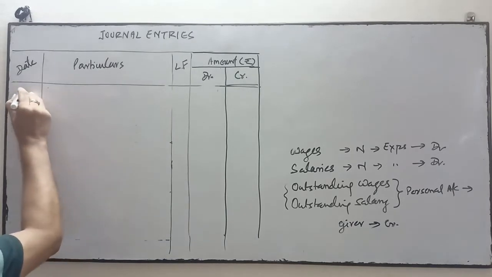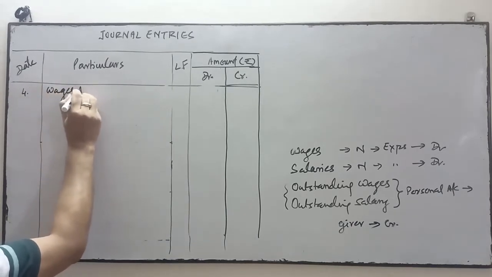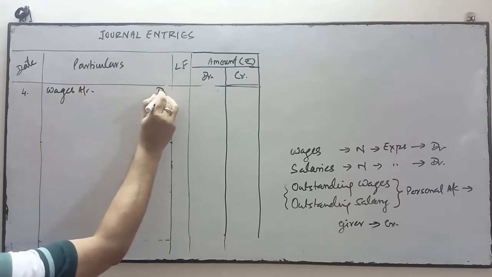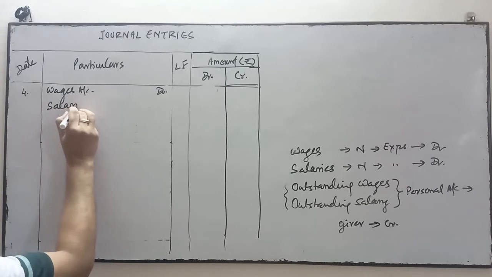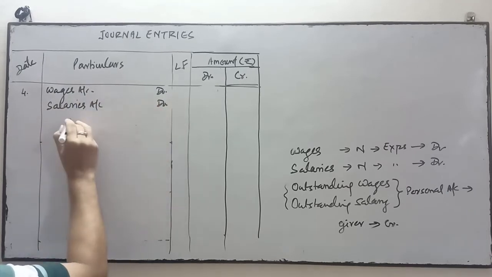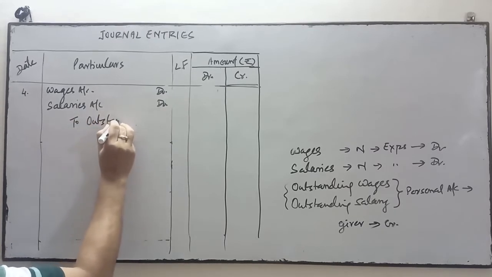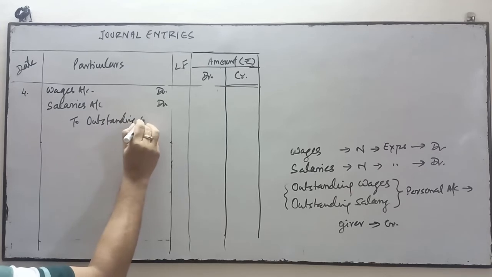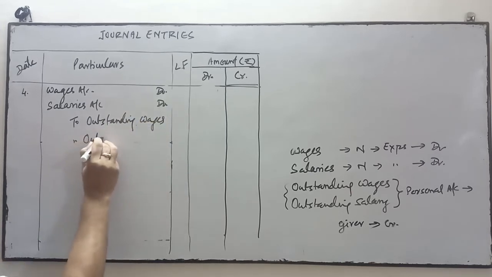So here, fourth transaction: wages account will be debited, salary account will be debited, to outstanding wages, to outstanding salary.